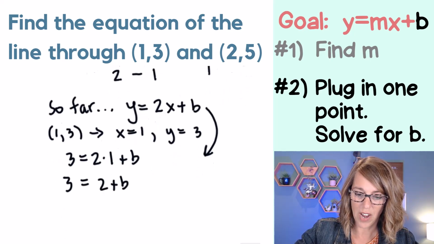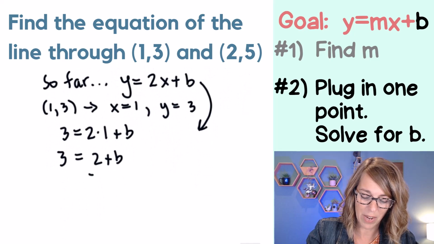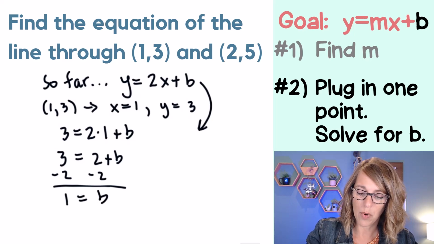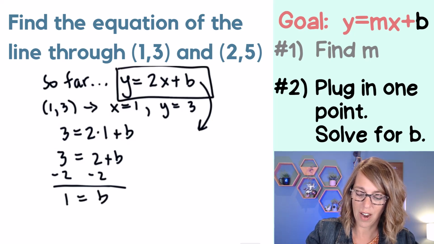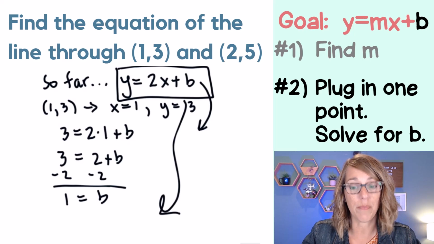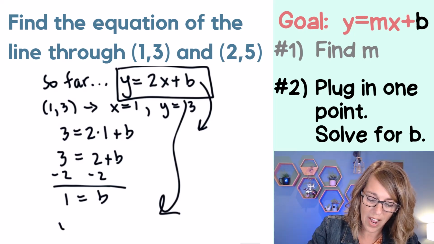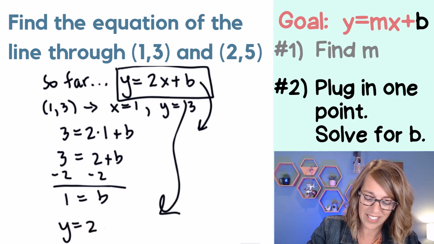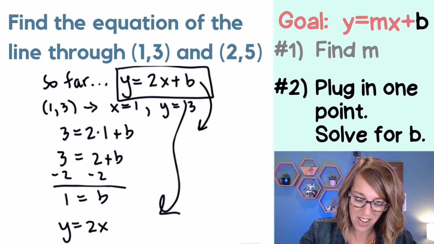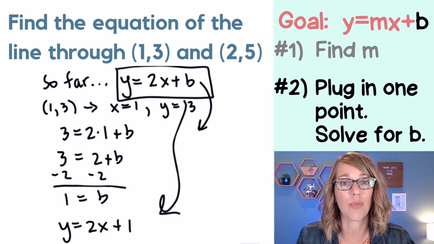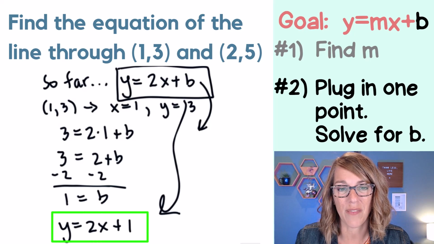I just need to subtract that 2 from both sides, minus 2, and 1 is equal to b. Let's go ahead and take what we had in that equation so far and plug our value for b in. So we've got y is equal to 2x, and I now have that b as a positive 1, so 2x plus 1, and that's the equation of our line.